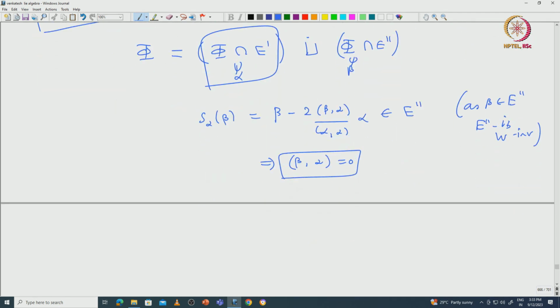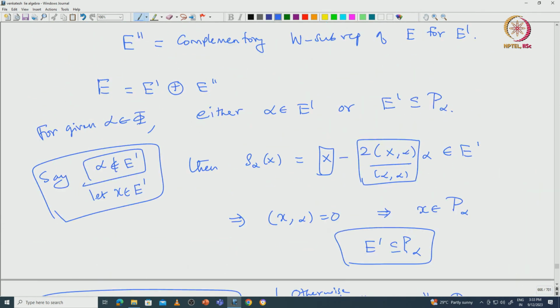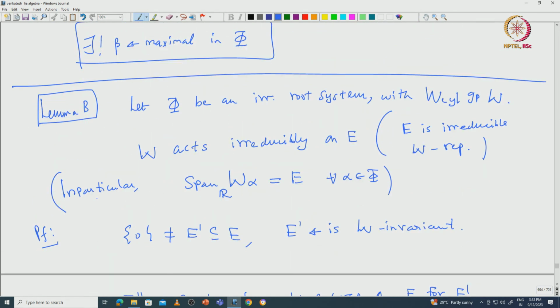So, that forces phi intersection E dash to be orthogonal to phi intersection E double dash, and this gives reducible. This proves that phi is reducible, which is a contradiction because phi is assumed to be irreducible. So, in particular we get E dash equal to E, otherwise we get a contradiction. So, this proves that the action of W on this Euclidean space is actually an irreducible action.